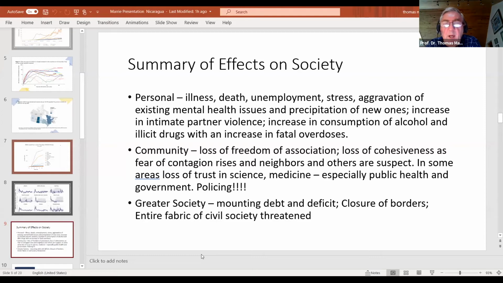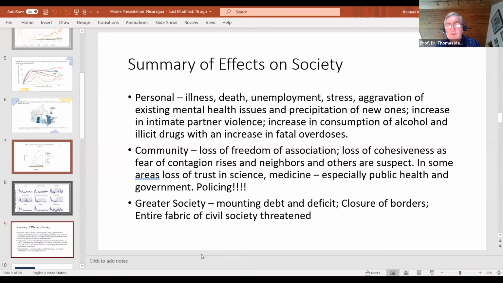At the community level, the loss of freedom of association, what that's doing to the community as well as the person's loss of cohesiveness. Fear of contagion has increased, so much so that it's brought out some of the worst behaviors in us as individuals and also how we act as communities.